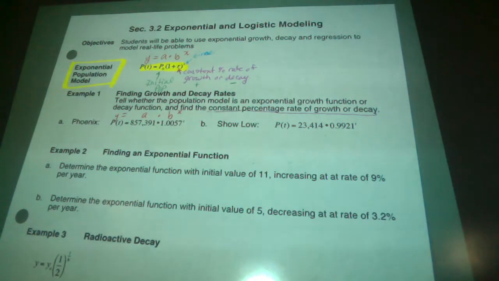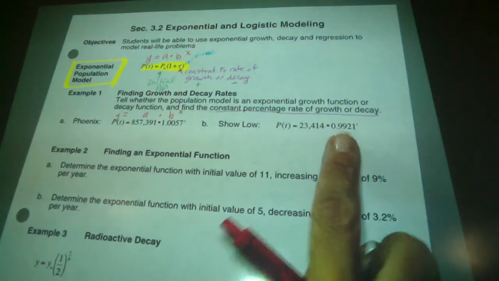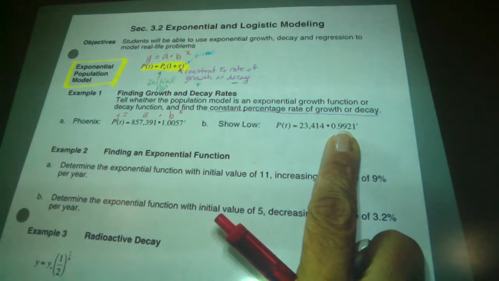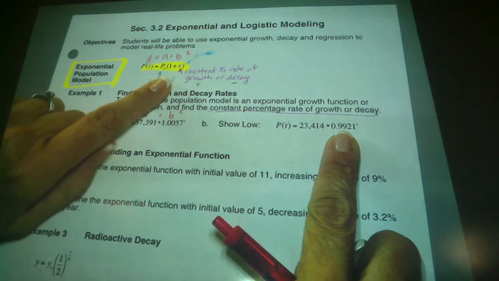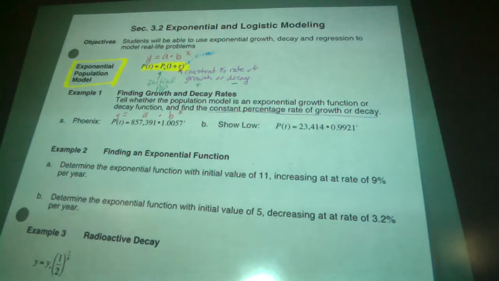I like to determine whether it's growth or decay just based upon looking at that. Is that a growth or a decay model? Why is it growth? Because the 1.0057 is greater than 1. Remember that? If the base is greater than 1, it's growth. If the base is less than 1, as this one is, it's decay. But if I'm looking at the 1 plus R, that's where you have to determine positive versus negative. So there is a difference depending on what form it is. So make sure you know what form you have and how to determine that.